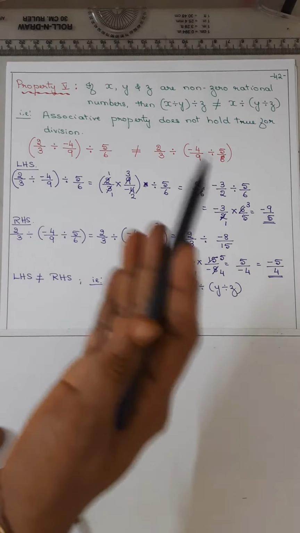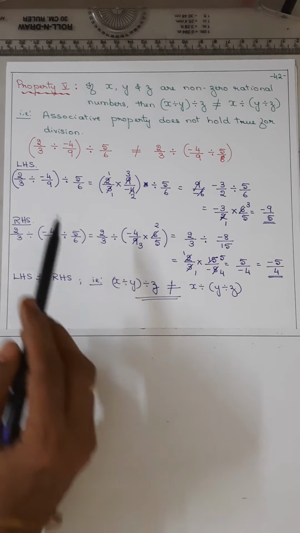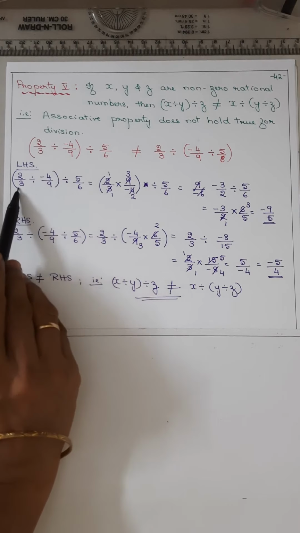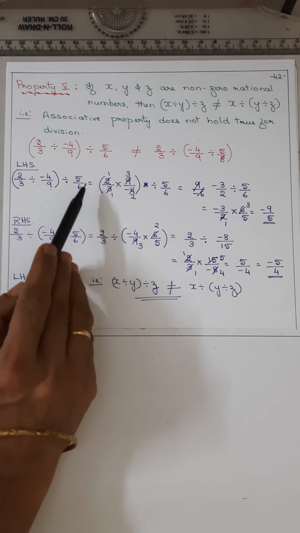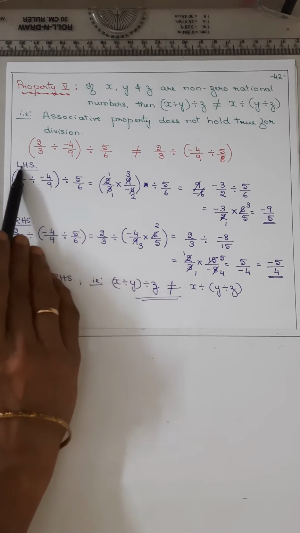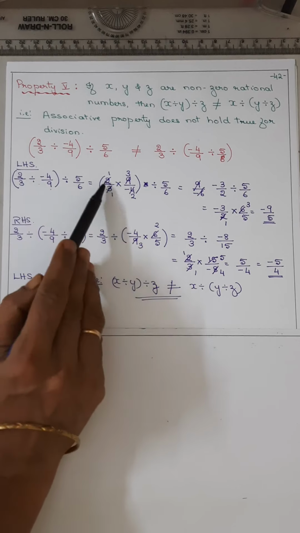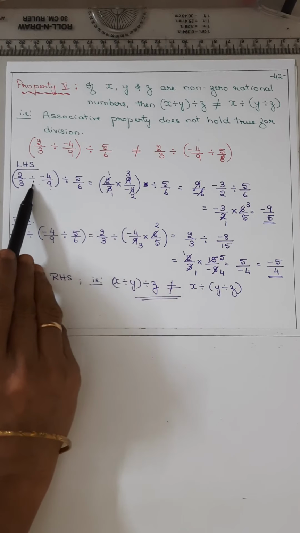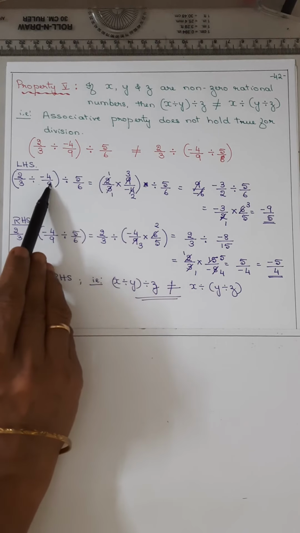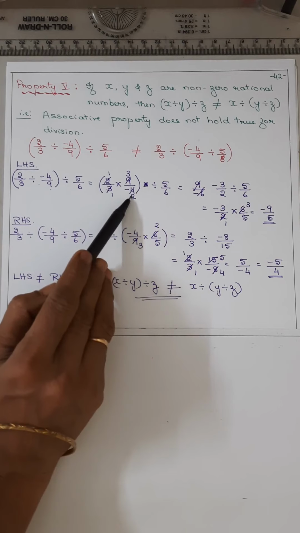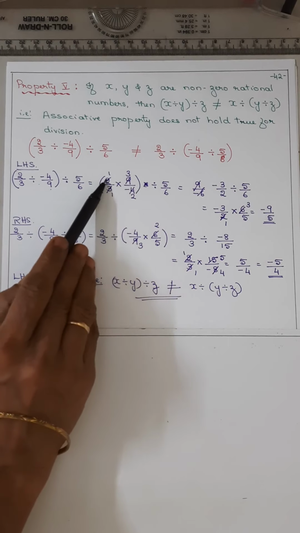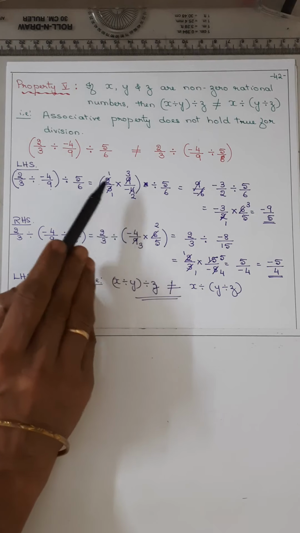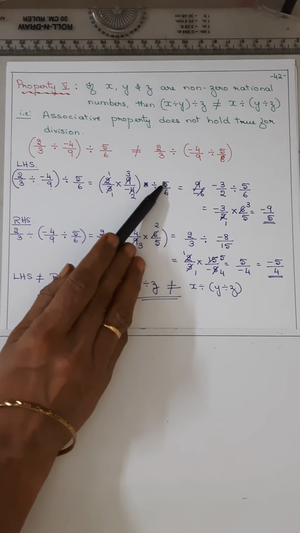So write LHS, RHS. The numbers: 2 by 3 divided by minus 4 by 9, divided by 5 by 6. First solve this. 2 by 3, this multiplication, it will be 9 by minus 4. 3 1s are 3, 3 3s are 9. 2 1s are 2, 2 2s are 4. Plus, minus, sorry, plus plus plus.